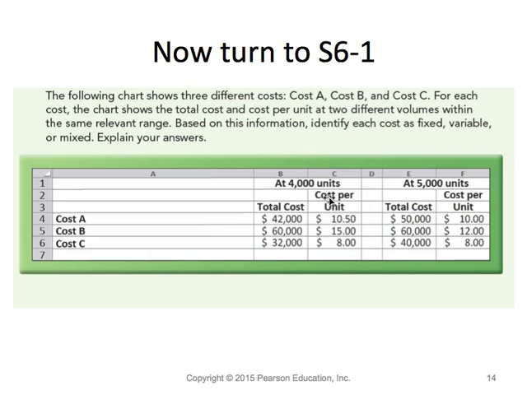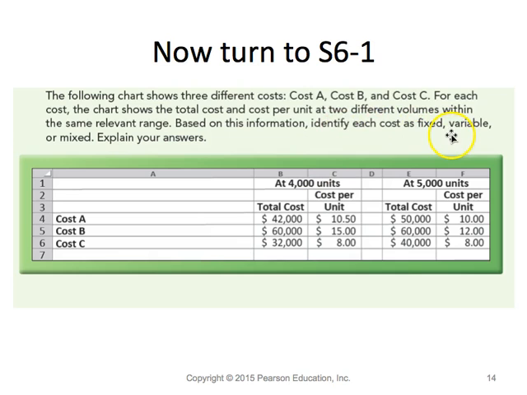Because total cost per unit changes, this one doesn't stay the same. So here the increase in volume and the decrease in cost per unit basically means this is a mixed cost.